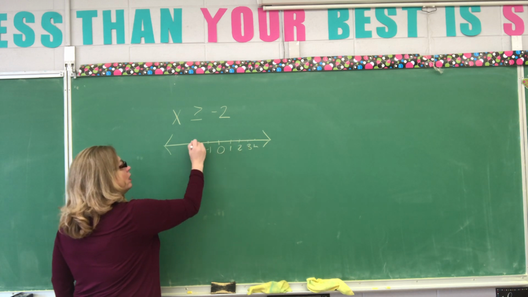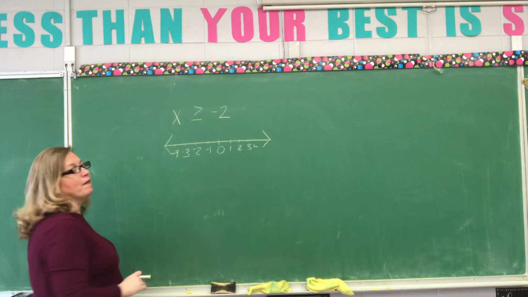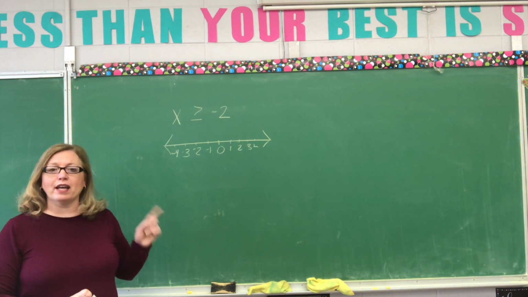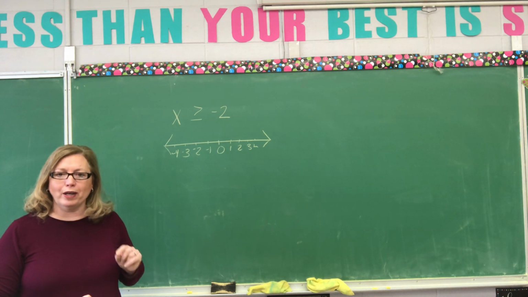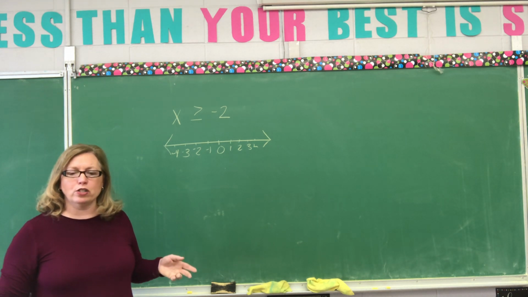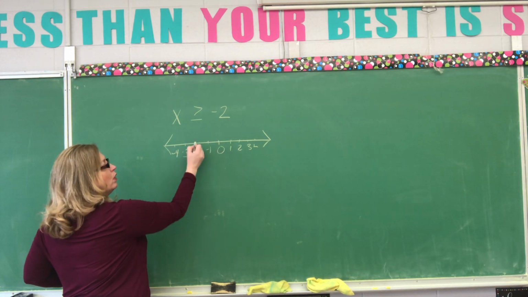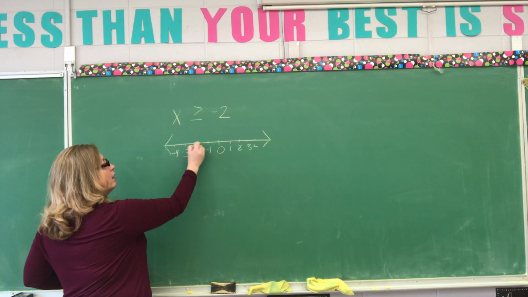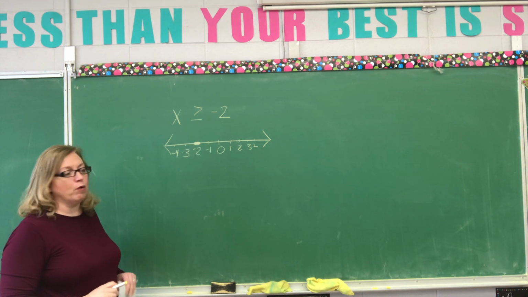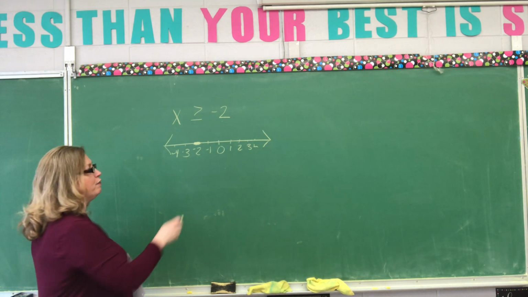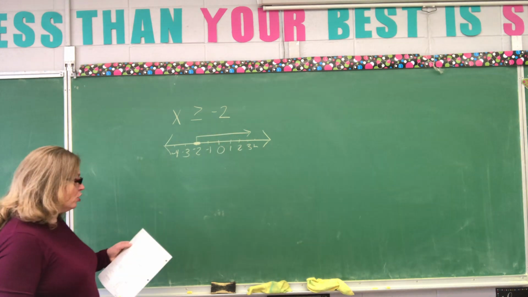First, it says it's greater than or equal to. Since it says equal to, what are we going to do to the dot? We're going to color it in. So go to the -2, color in the dot. Now x is greater than. Which side is greater than -2? It goes this direction.